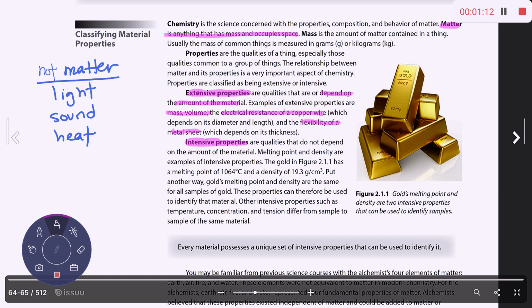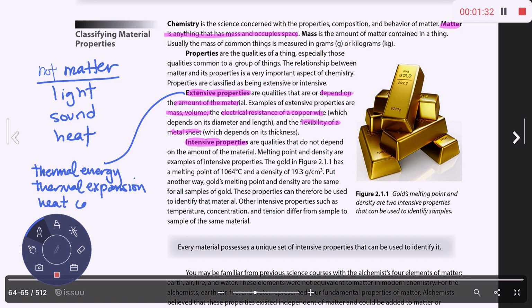Some other extensive properties which I'm going to list would be thermal energy, thermal expansion, and heat capacity. We will talk about heat capacity later, more in depth. I'm just listing these things now so that you have them, okay?